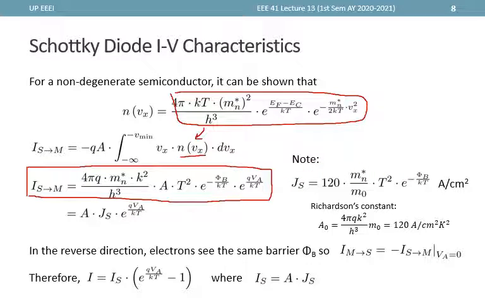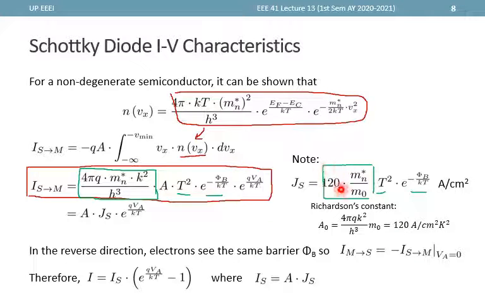So we have the T squared term, the e raised to minus phi B term, and then this term right here should actually represent this term. So when we evaluate with all the constants, then we'll be left with this one.